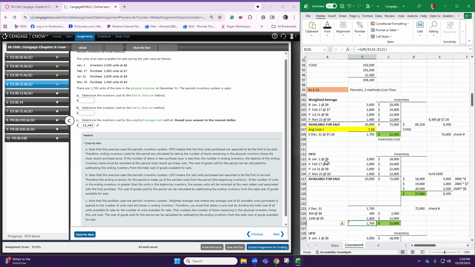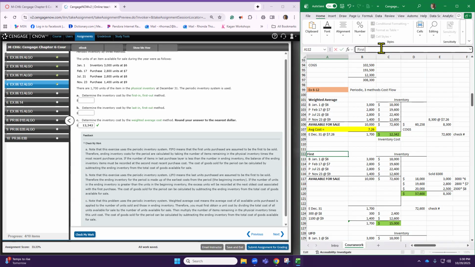Because how many different costs do we have? We have four different costs. So how do we know which costs are still in ending inventory? Well, because this is first costs in, first costs out. I'm going to put first costs in, first costs out. That helps you think about what you're trying to figure out.